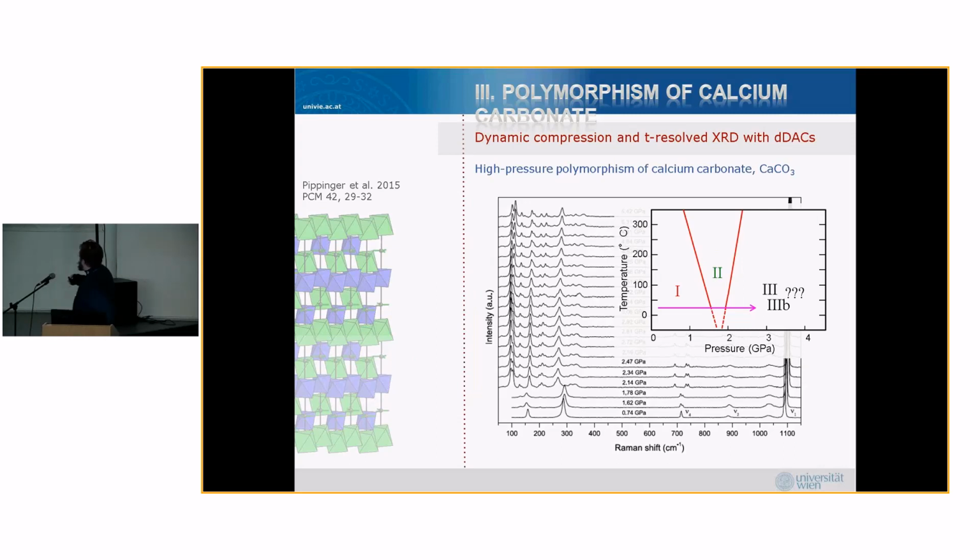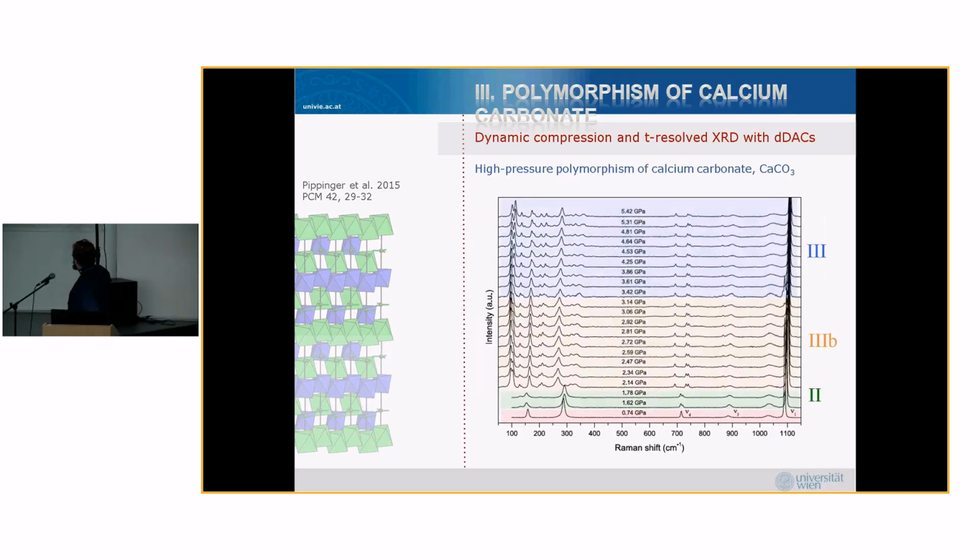And what you see here is just a simple sequence of Raman spectra going from phase 1 across the phase boundaries of phase 2 to this field of whatever it is, 3, 3b, whatever. If you look here, you see the first spectrum, that's the typical one, it's boring.